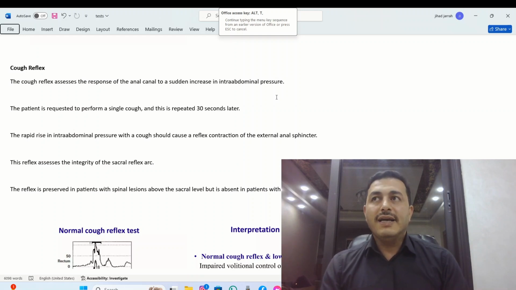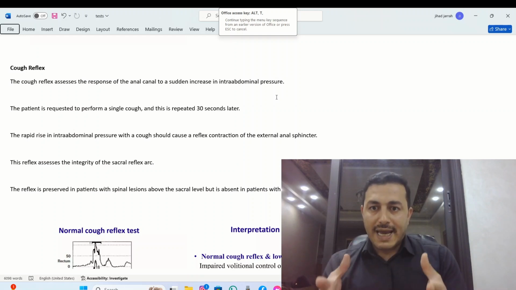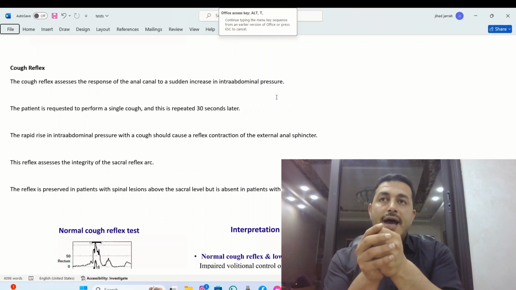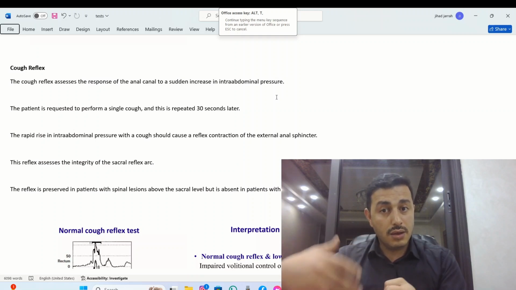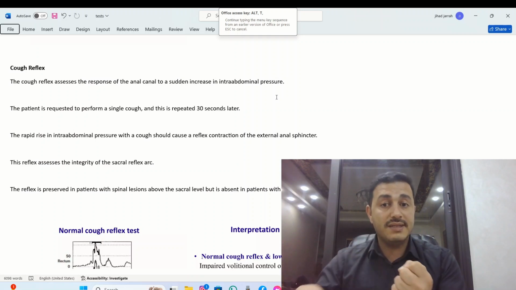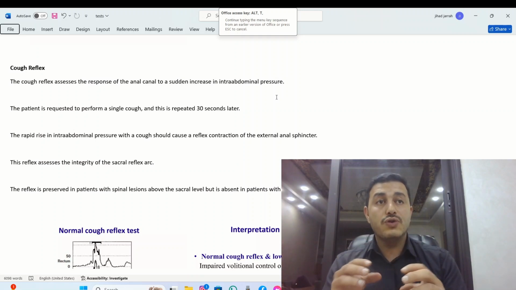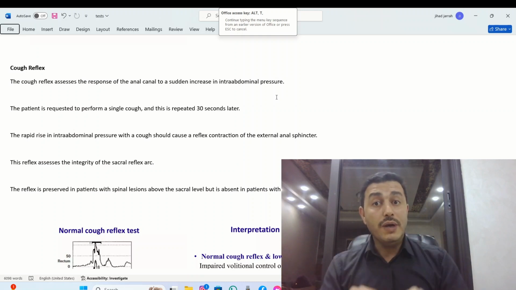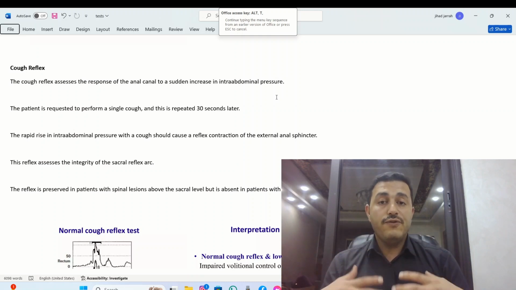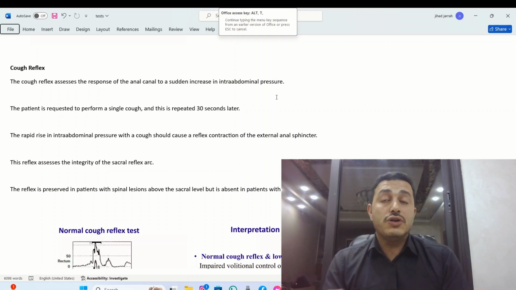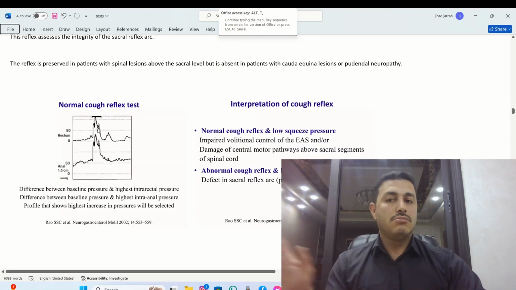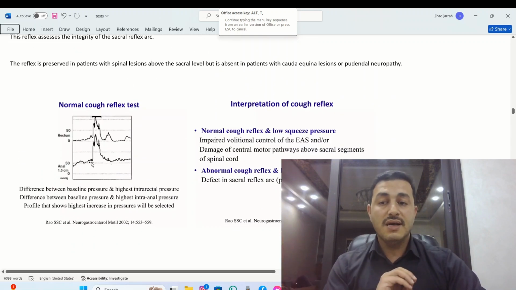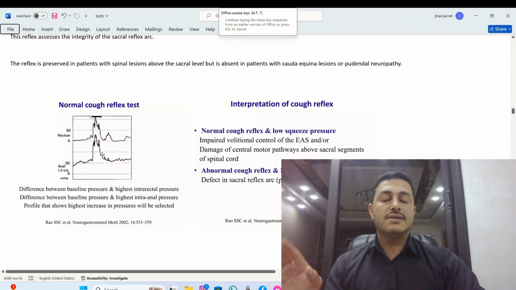Logically, the external anal sphincter will contract to prevent defecation or to maintain continence. The intrarectal pressure will also increase, because when you cough, you increase your intra-abdominal pressure. So as you see here, this is the normal cough reflex: the rectal pressure increases and the anal pressure increases.